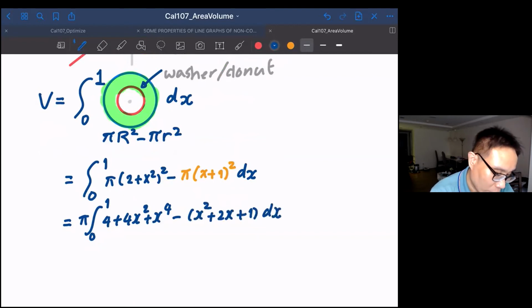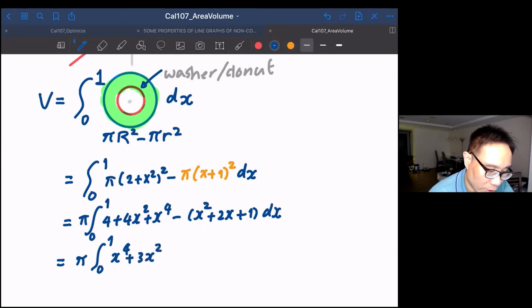Okay, and you may integrate term by term. First combine, you get x to the 4th plus 3x squared minus 2x plus 3, okay, dx.